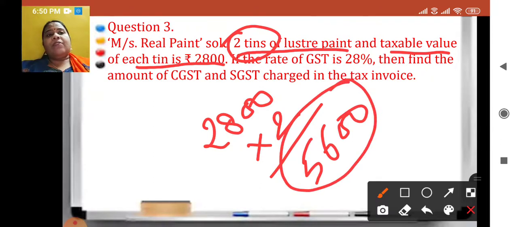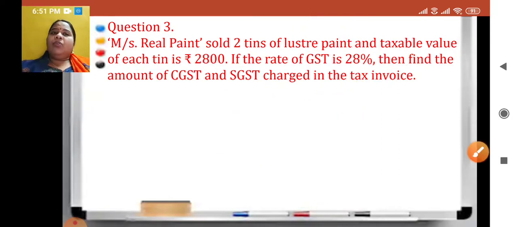Now GST is always calculated on taxable amount. Rate of GST is 28%. So if I find out 28% of 5600, or if I calculate 14% of 5600, I will directly get CGST and SGST. Okay, I hope you are understanding how do I get that 14%. GST rate is 28%, so half of it will be 14%.